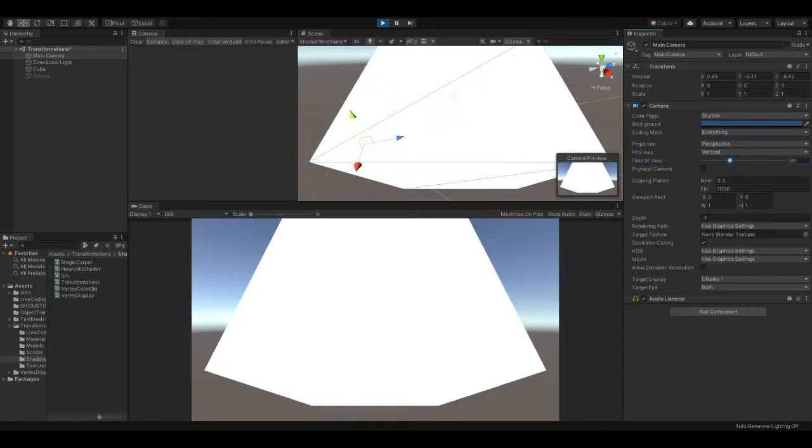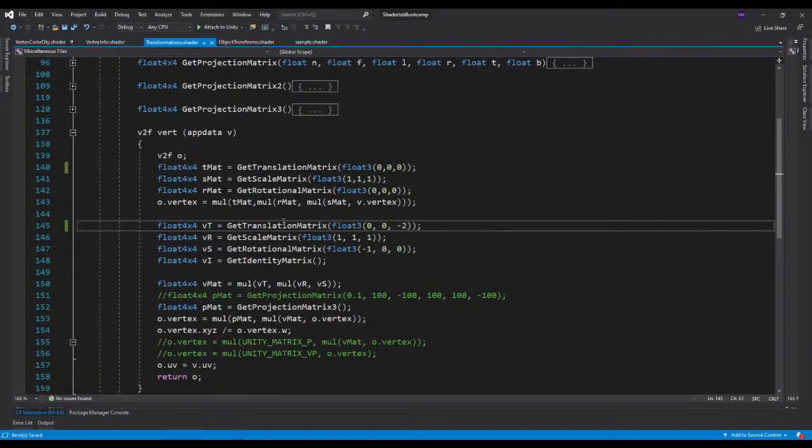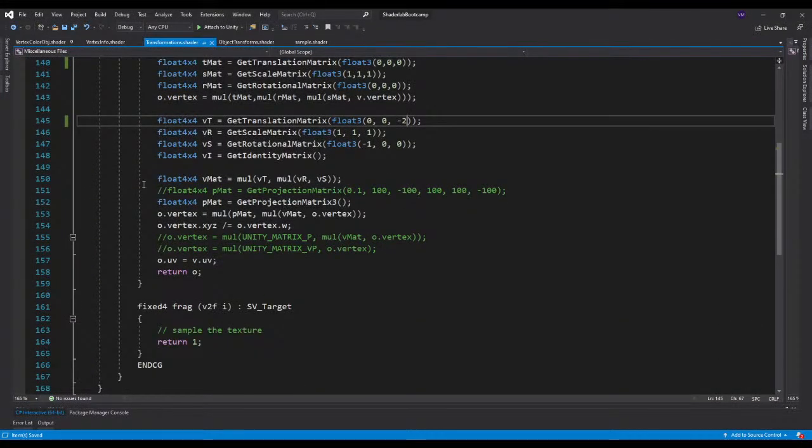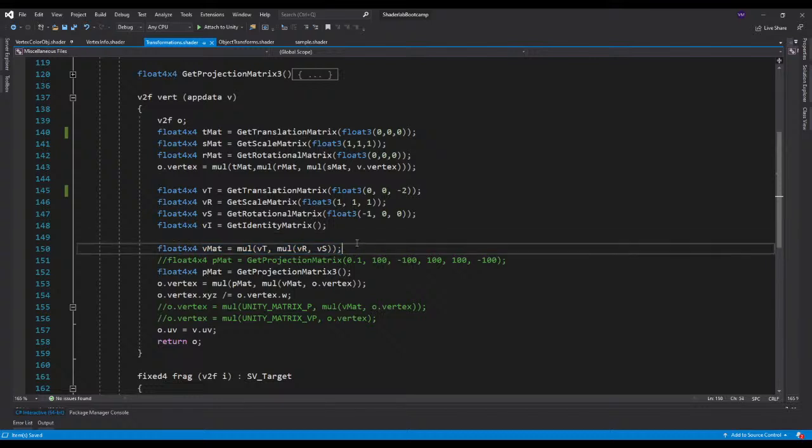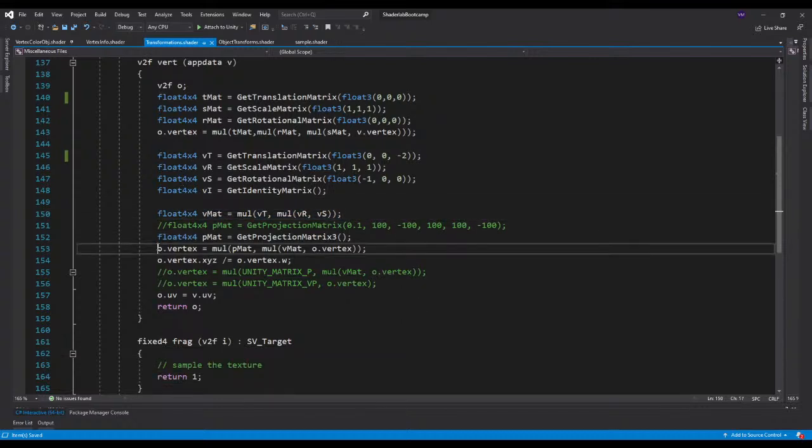Why? Because all these matrices that you see that are going on behind the scenes in Unity, I have created right here. Okay, now understand. First of all, we are multiplying the vertices which are in object space to the world space. Then we are multiplying this, here, where is it? O dot vertex here. Okay, with the view space and the projection matrix, right? Once you do that, you have a perspective divide.